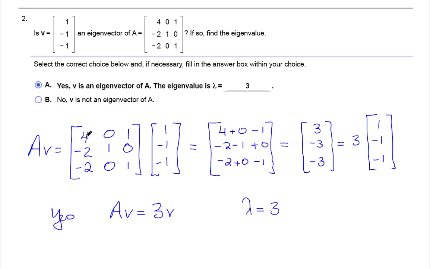So let's just grind through the multiplication of A times v, and I get (3, -3, -3), which is just 3 times my original vector. So (1, -1, -1) is an eigenvector of matrix A corresponding to the eigenvalue of 3.